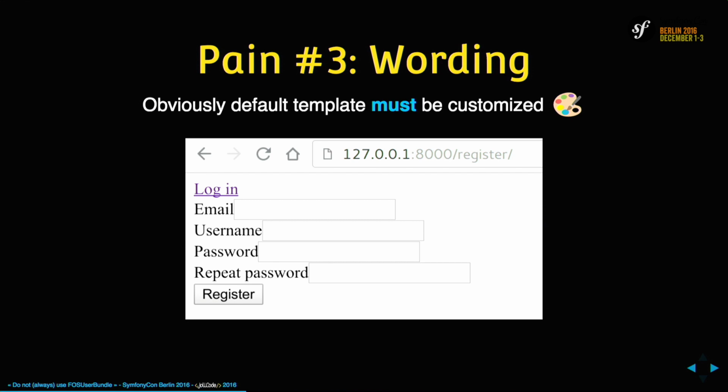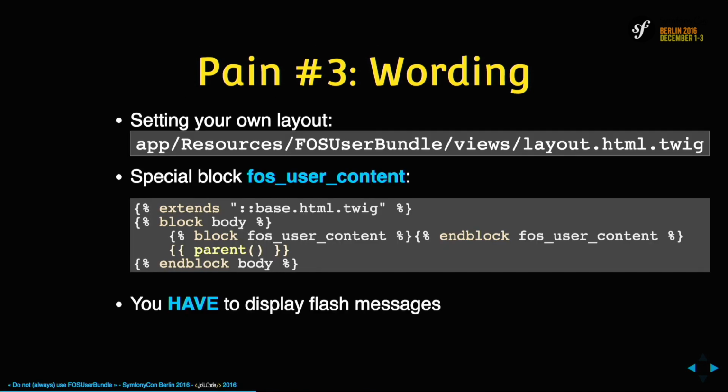So that's the registration form by default. And all you have to do is create a new layout in your own application, in your own resource directory. And you have to implement a fos_user_content block in it. Don't forget the flash messages. If you do, you will never have the confirmation messages from the registration, the profile editing, and everything.